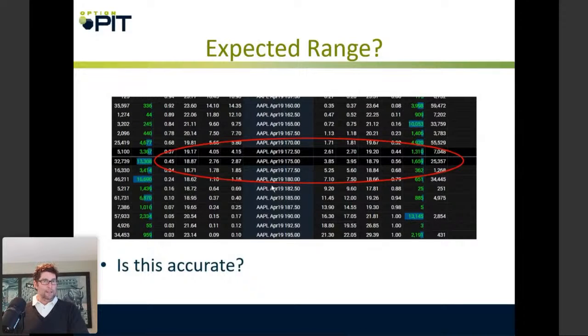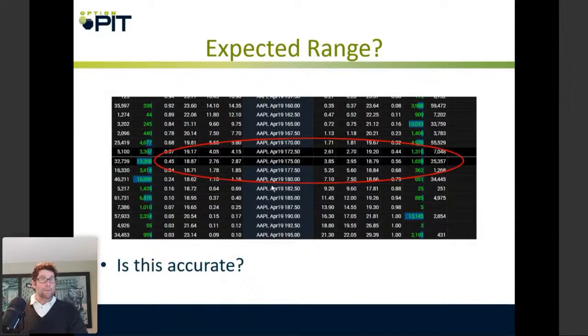So expected range, the straddle. The straddle is just the call value and the put value, right? That little blue line across the middle of every screen you're looking at. Every option screen has the straddle, which is what the liquidity provider thinks the underlying is going to do most of the time to expiration, meaning 68% of the moves should be within it.